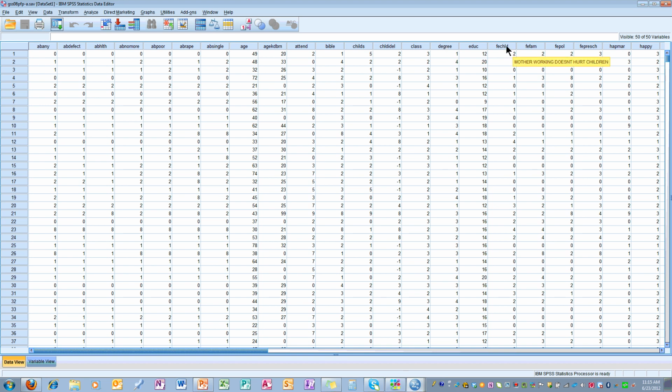And then this one is a question with regard to feed child. Essentially, this field contains information with regard to if a woman is working, does it hurt the child, and in terms of their development.